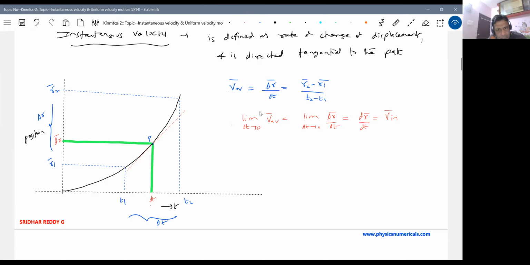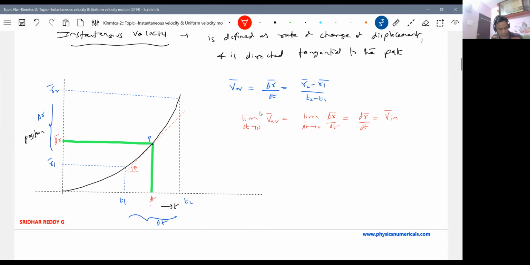So what I'm going to do is make this delta t so small. When delta t tends to 0, it will become dt. Here I'll calculate the slope. What is the slope? It should be dr by dt, the slope of the tangent drawn at point P. So there it will give the instantaneous velocity. So how to calculate it in the position versus time graph, or the displacement versus time graph?